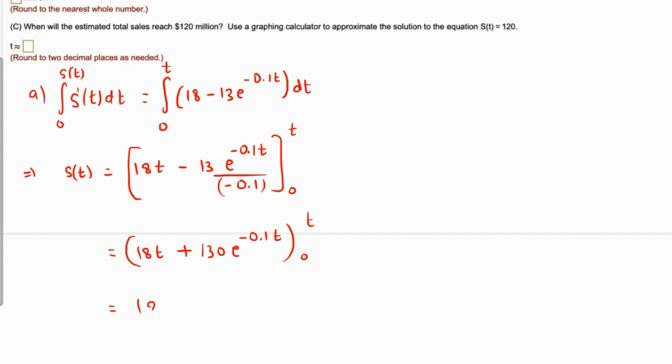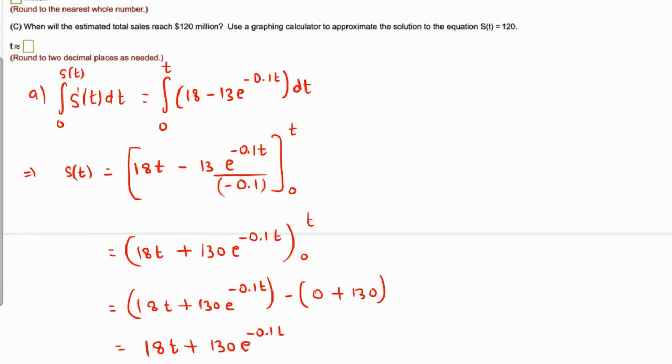So if we place the upper limit, we get 18t plus 130 times e raised to minus 0.1 t. And if we place the lower limit, then 18 times 0 is 0, and e raised to 0 is 1. So it's just 130 times 1, which is 130. So the final answer is 18t plus 130 times e raised to minus 0.1 t minus 130.